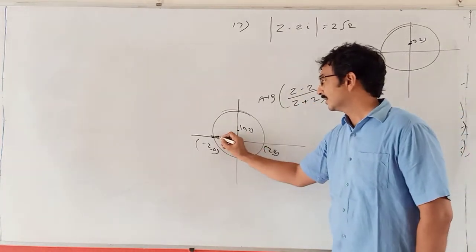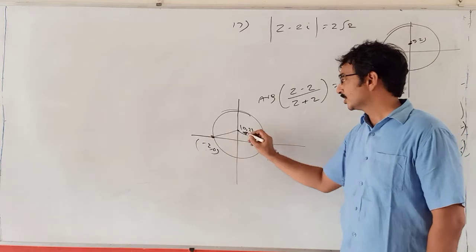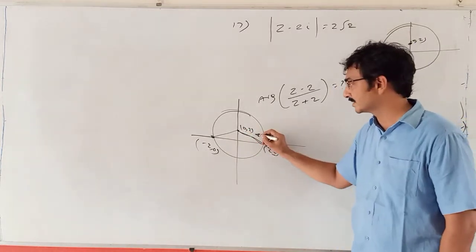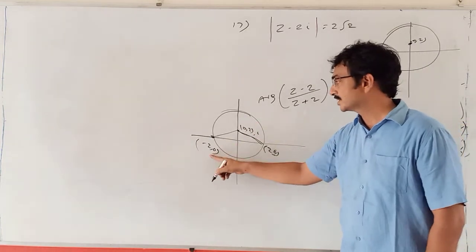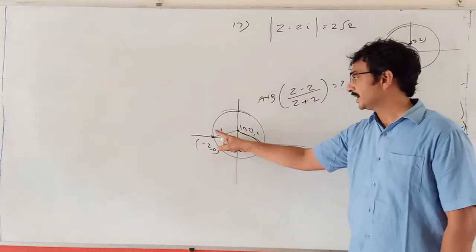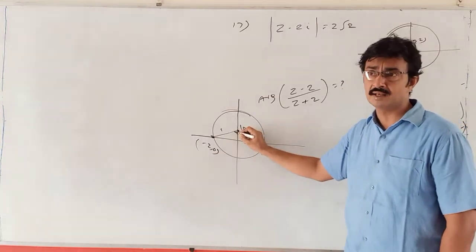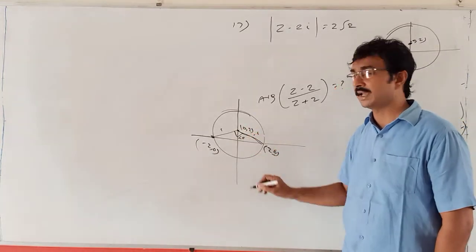The slope of this one is 2 minus 0 by 0 minus 2, meaning minus 1. The slope of this one is plus 1. So minus 1 into plus 1 is minus 1. Therefore, the product of the slopes is minus 1, meaning this angle is 90.